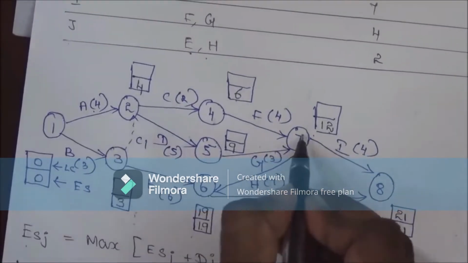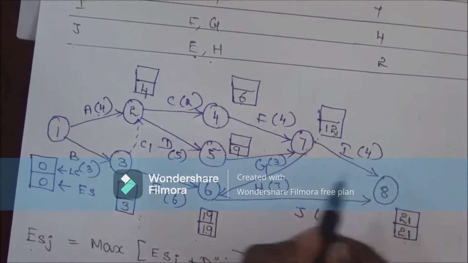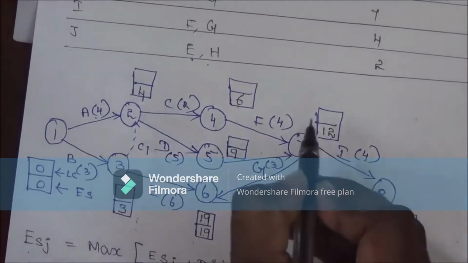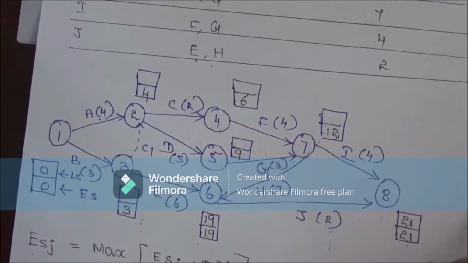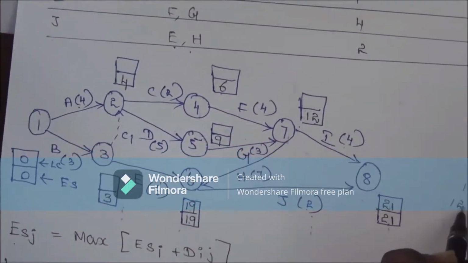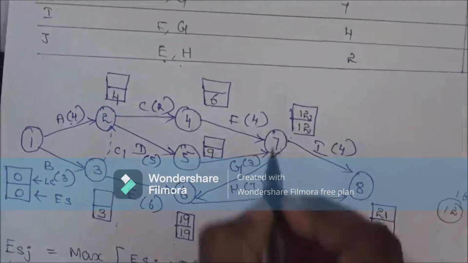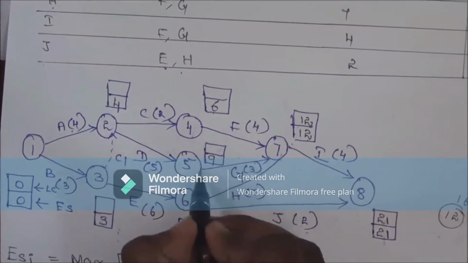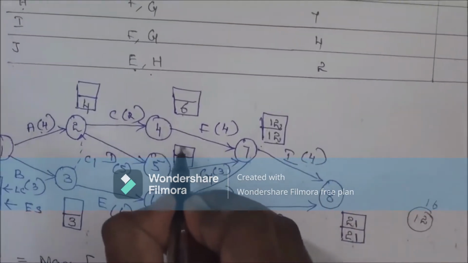Similarly, node 7 has two outgoing arrows, one is I and one is H. So 19 minus 7 results in 12, whereas 21 minus 4 results in 17. We have to take the minimum value, so 12 is the minimum value. Take 12. Similarly, for the next node we have only one outgoing arrow, so we consider 12. 12 minus 3 is again 9.